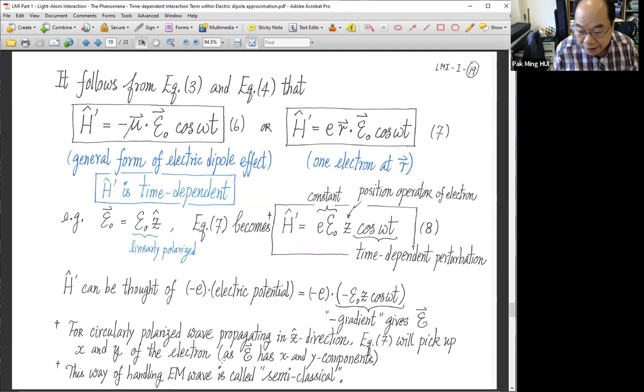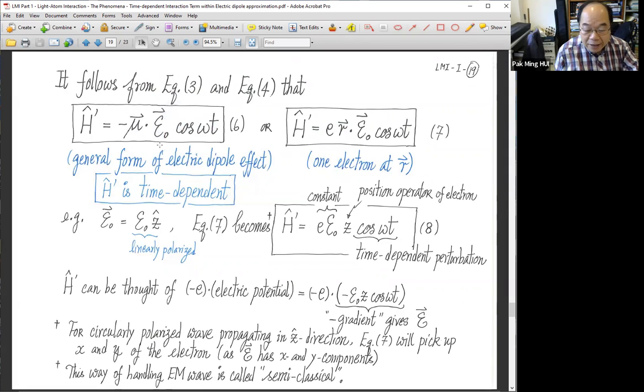So finally, this is the most important page of this section. We have the precise form of the perturbation term, H prime, that has to do with the matter, electric dipole moment, light interaction.